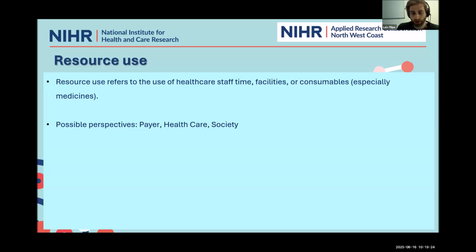Let's say you cost everything around the NHS that is going to produce a knee surgery, for example. While for the payer, for the insurer, the price may be different. The hospital may cost them a little bit more than what it costs the hospital. So for the payer, you count the price. For the hospital, you count the cost.